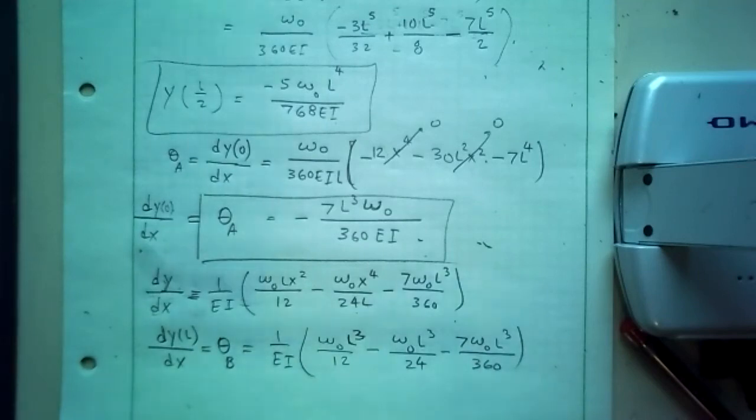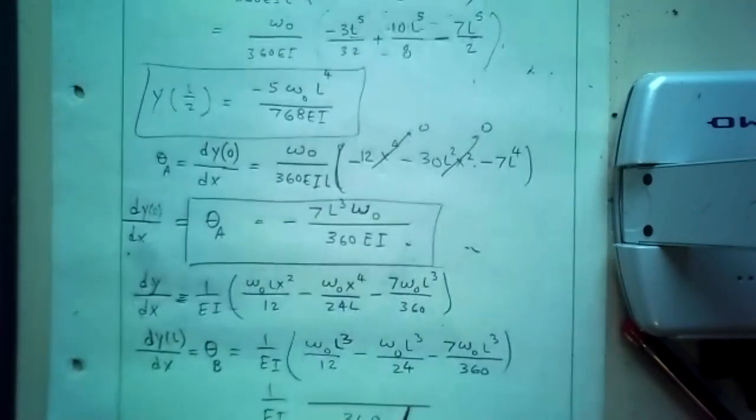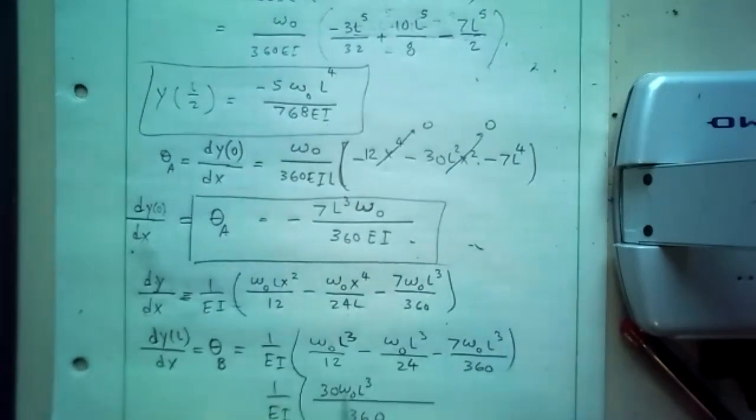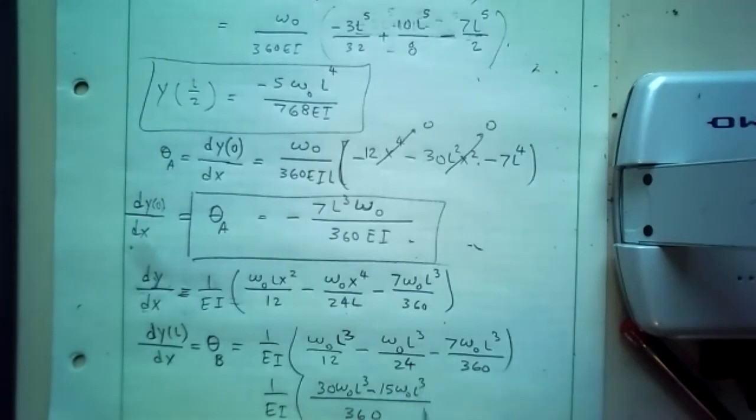Okay. So this is 1 over EI. Common denominator 360. 360 divided by 12 is 30. So this is 30 W naught L cubed. I should have factored that out. Minus 360 divided by 24, 15 W naught L cubed, minus 7 W naught L cubed.